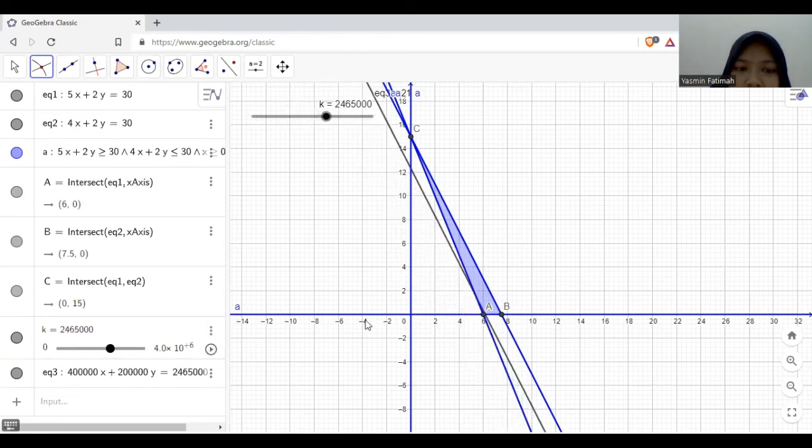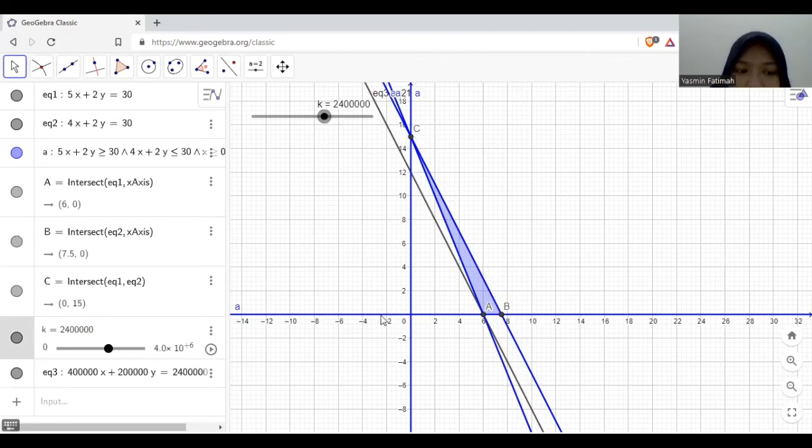Okay, as you can see, it intersects with point A first, and then intersects with points B and C at the same time. So we check here: if it intersects with points B and C, the value of the objective function is 3 million, and if it intersects with A, the value is 2,400,000.